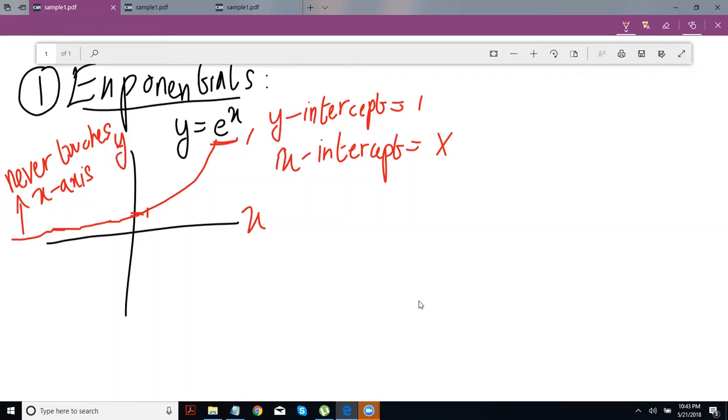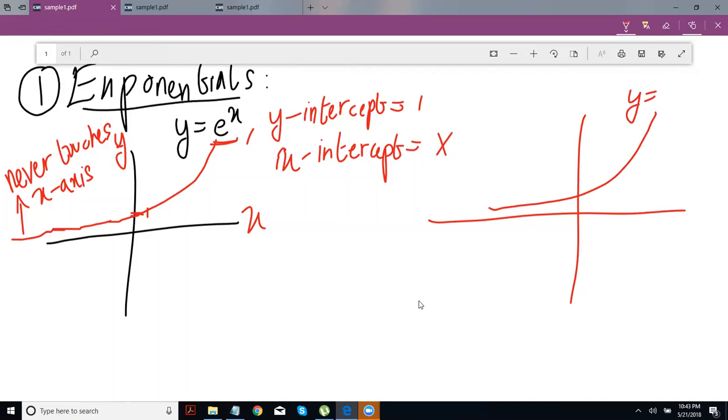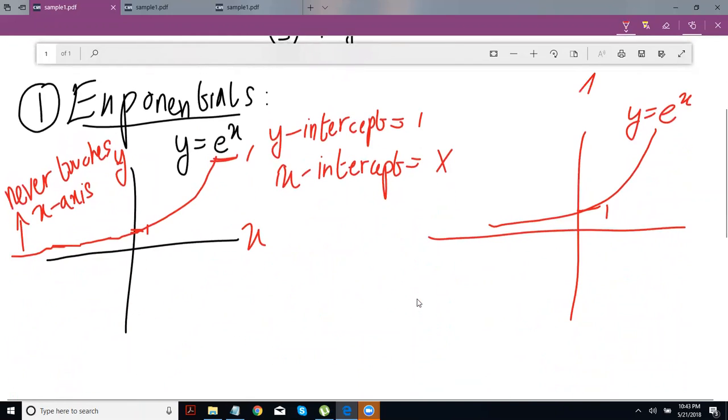So if I can just draw the final result here, something along these lines. This is your y is equal to e power x. This would be 1, right?